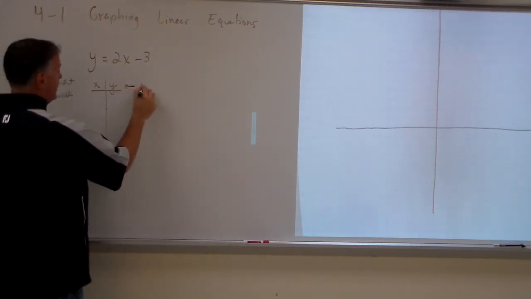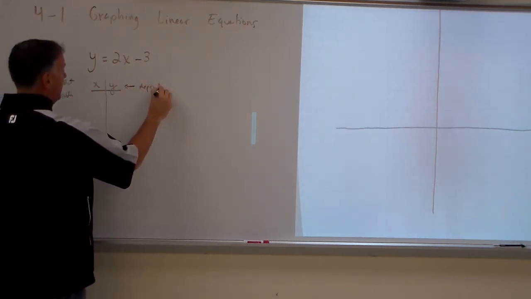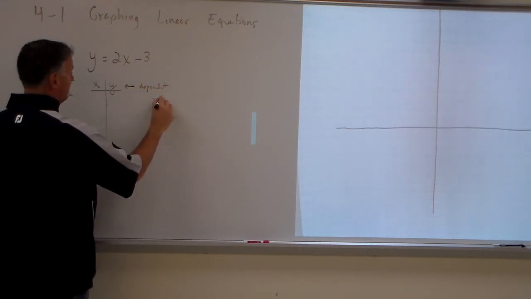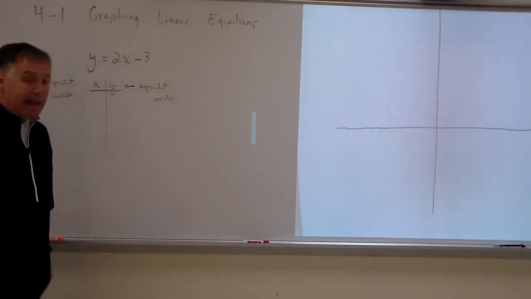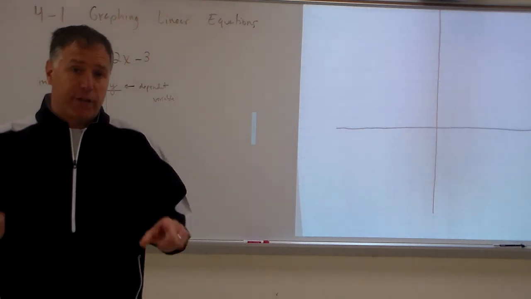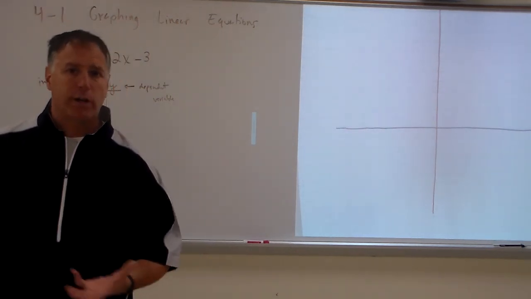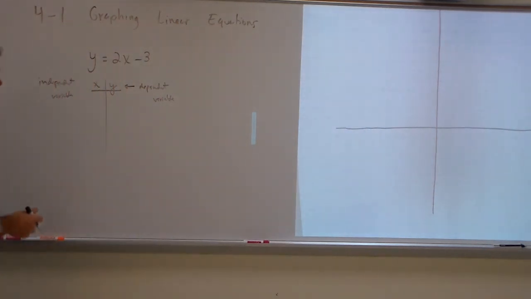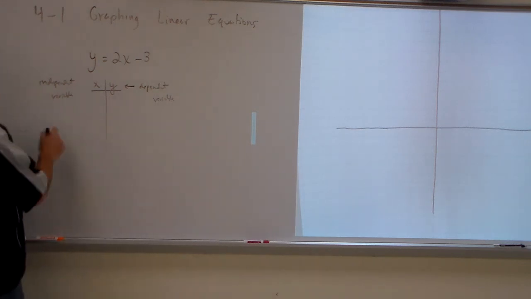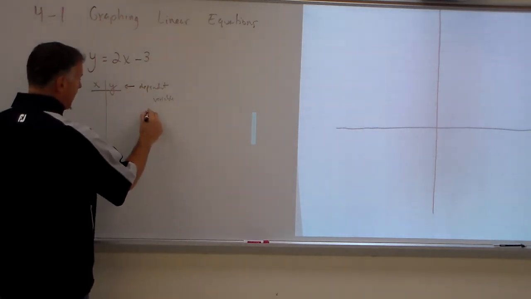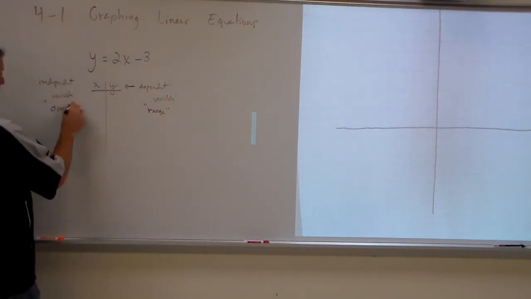The y is your dependent variable, because whatever you get for y depends on what you plugged in for x. Another name for your independent variable, your x, is domain. You'll get to that at some point. And your y is thought of as your range. That's stuff that we'll talk about eventually.